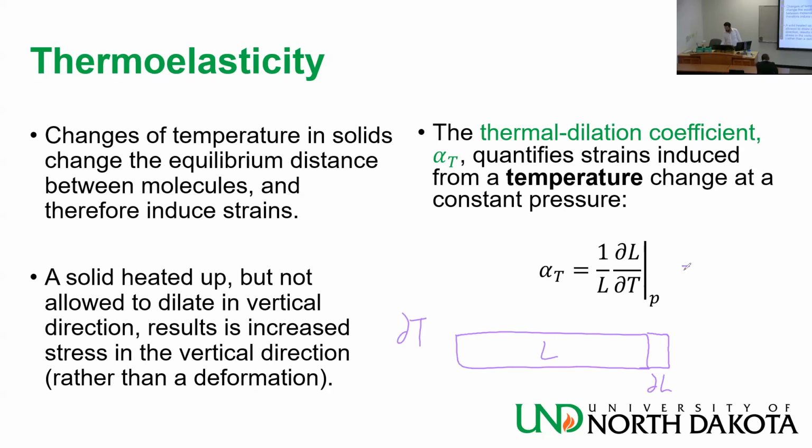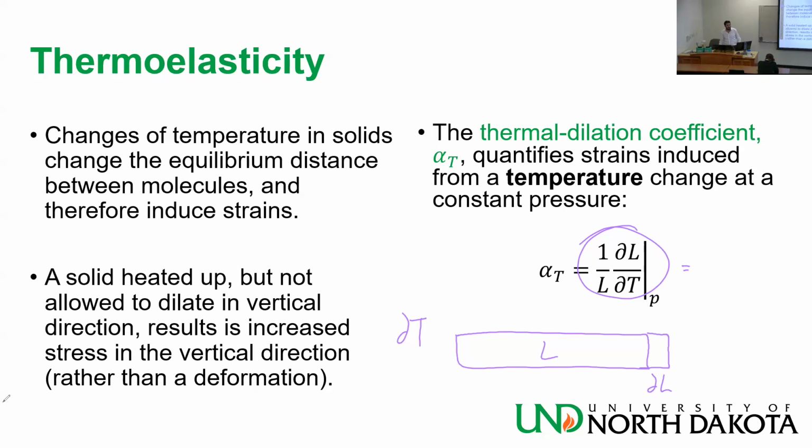I can calculate alpha T by this equation. It was length L, it was heated up by delta T, and elongation delta L, or vice versa for cooling. Okay, but this is in one dimension.